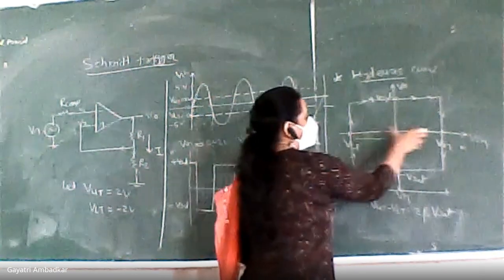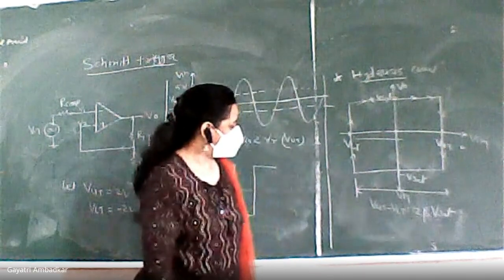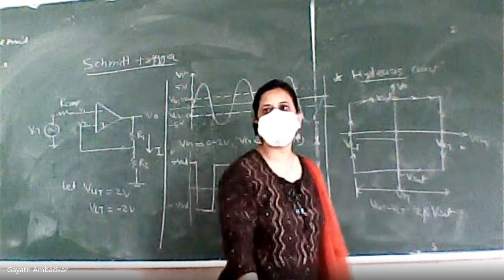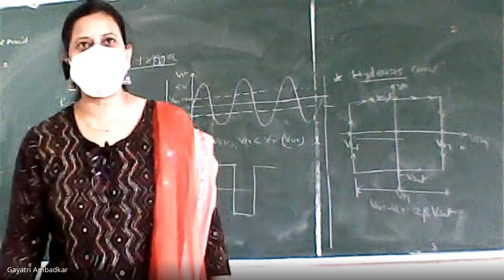So this plus this minus this equal to 2 times beta. So double of this is your width of hysteresis. VH is equal to VUT minus VLT.